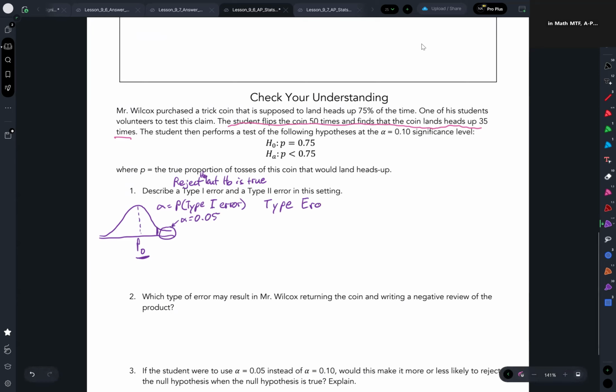if this will erase, I promise I know how to spell error. Well, let's just, there we go.